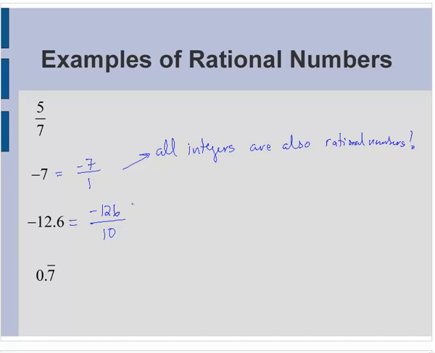Negative 126 is an integer. 10 is an integer. It's a rational number. And in fact, all terminating decimal numbers are also rational numbers.